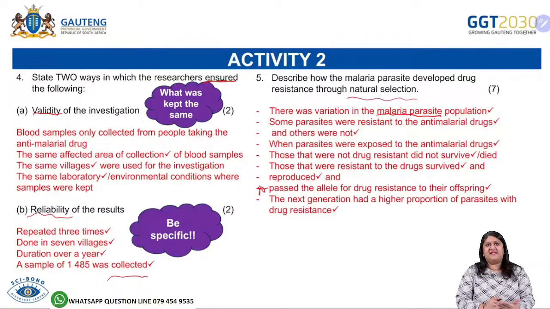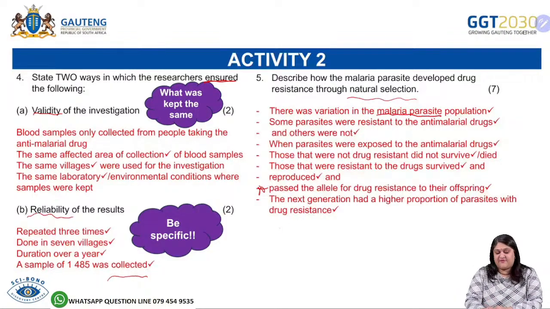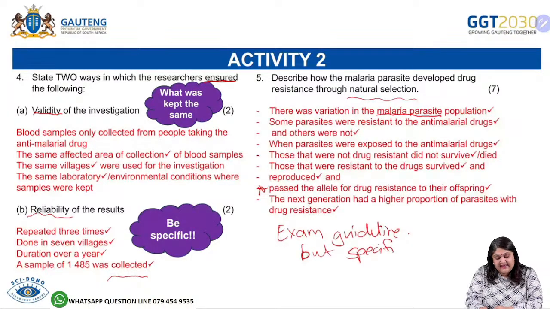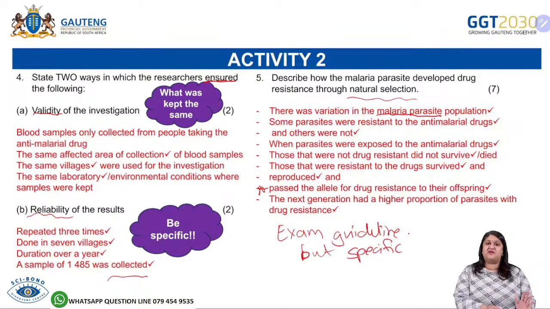So can you see that every single step of this is from the examination guideline? It's exactly natural selection the way you know it, but specific. So it's the examination guideline, but it's specific to this scenario. You speak about variation. You talk about what is the two differences in what is the variation. Then you talk about what happened.